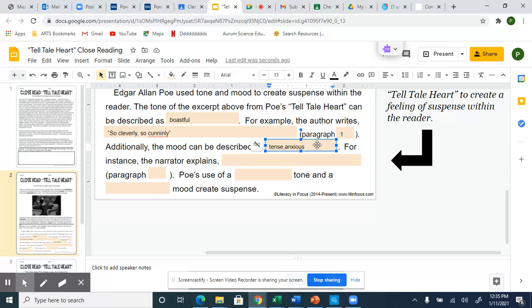So, I'm going to skip that. Poe's use of an intense tone and a jovial, not 2 L's, 1, jovial mood creates suspense.